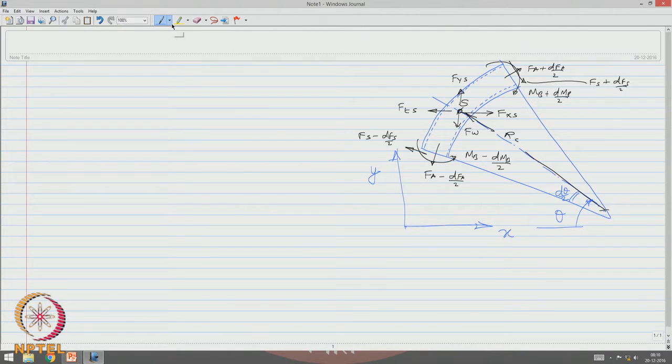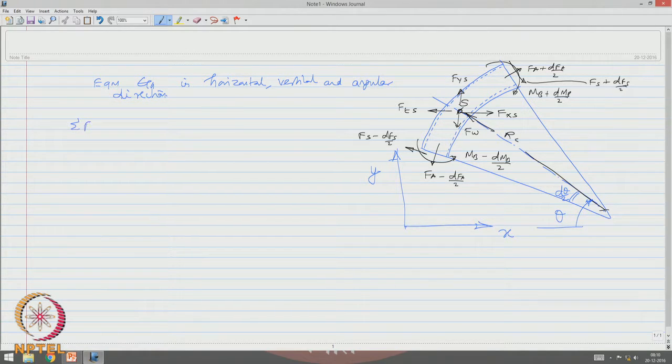So, therefore, the equations of equilibrium in horizontal, vertical and angular directions were discussed in the last lecture. We will continue with that now.